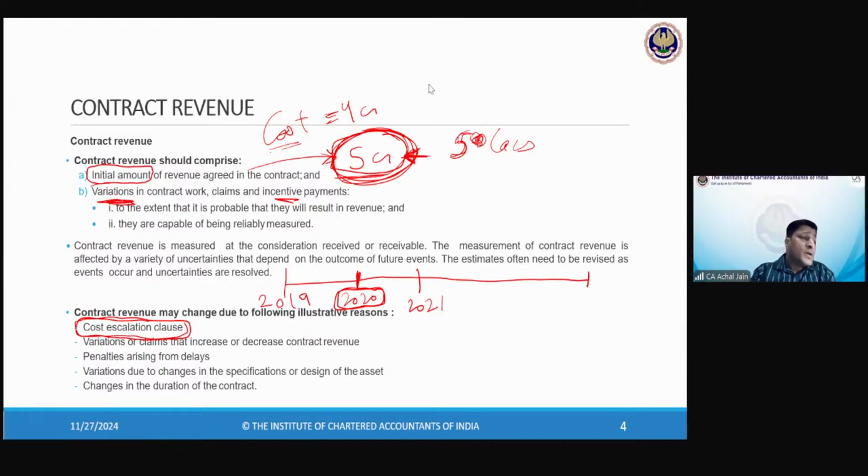Now, what has happened? 2 years have passed. And let's suppose work is not yet completed, and the contractor believes it will take another 2 years. Let's suppose the percentage completion is negligible, it will take another 2 years.